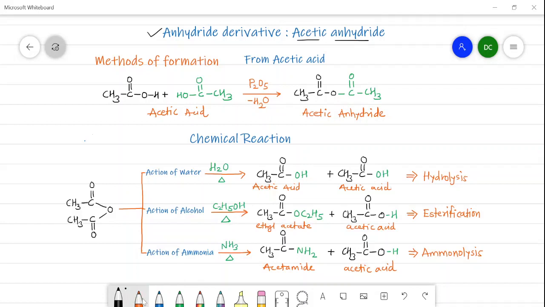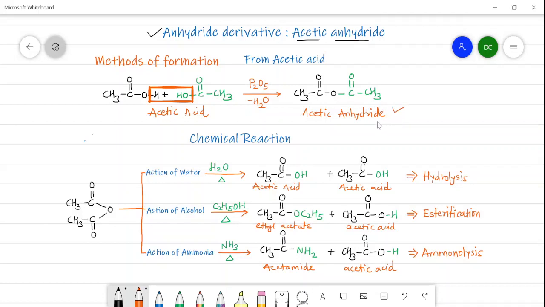Here hydrogen from this OH group and the OH group from the acetic acid of the second molecule combine with each other to form H2O. It is eliminated, and the remaining fragments join together. In this way, there is a formation of acetic anhydride.